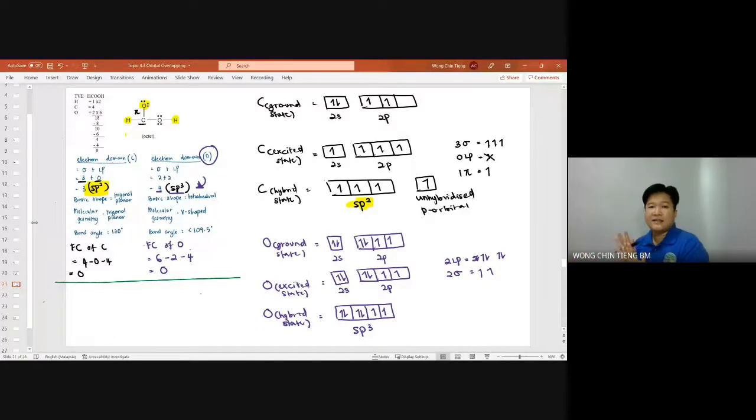Dan sayang, kat sini saya nak tekankan balik, walaupun terminal atom kamu sama dengan central atom, maksud saya ada oksigen kat sini, oksigen as the terminal atom, kamu kena ulang balik ground state dia. Alright? Definitely my bad. Ada kawan kamu tanya dan saya perasan benda tu selepas kawan kamu tanya. Baru saya perasan kat video tu, tak ada. So, saya nak ingatkan balik, walaupun dia sama, tetapi kita still kena tulis.